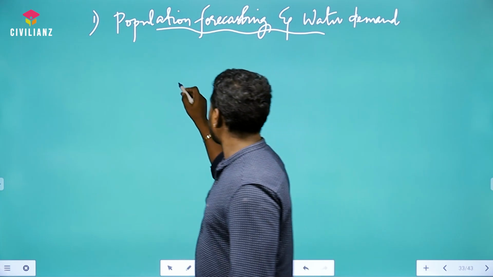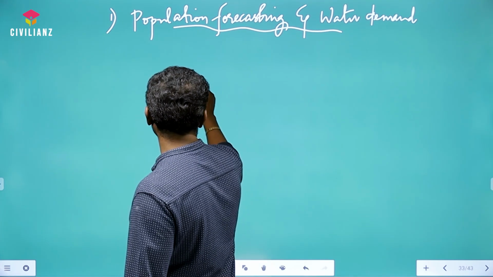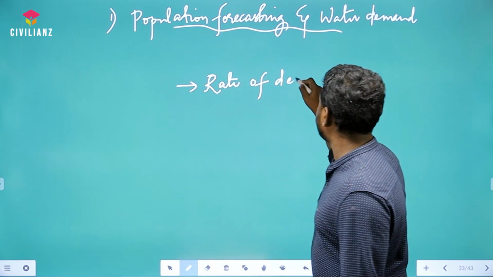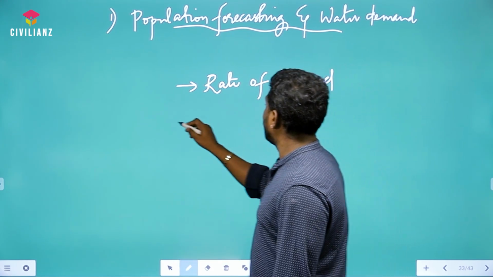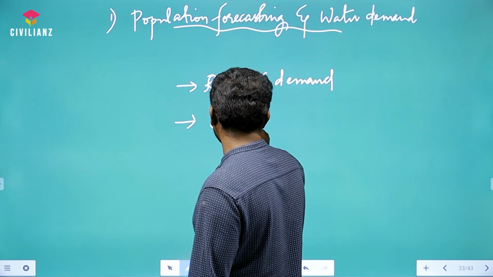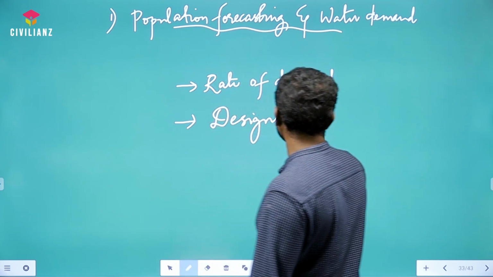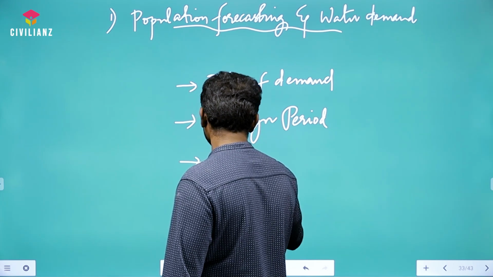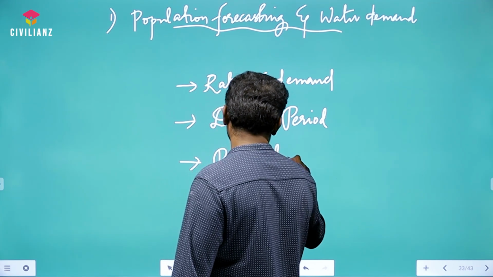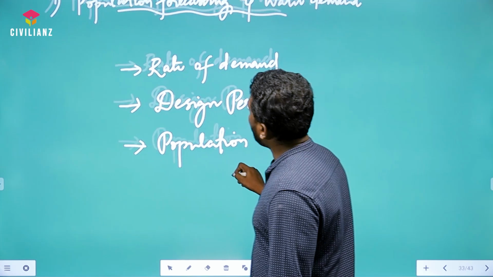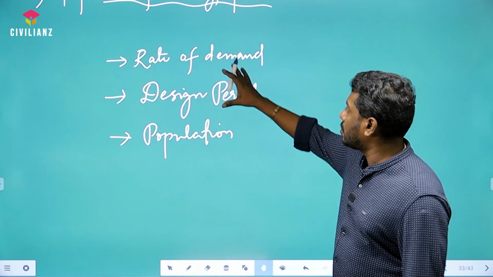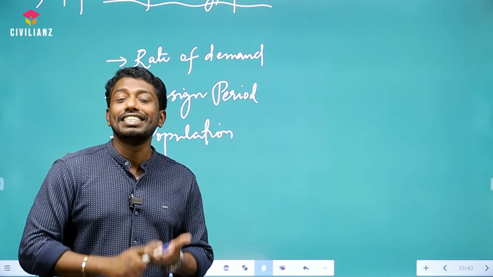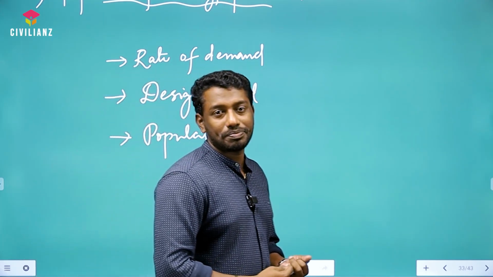They are rate of demand, next design period, and population. We have to study in detail about these three parameters, namely rate of demand, design period and population.